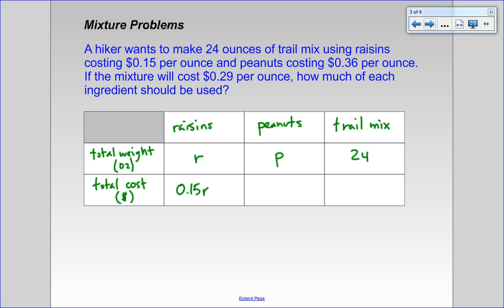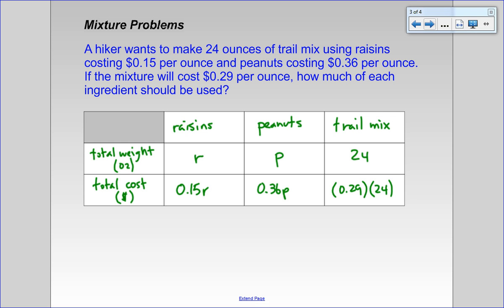Then 0.15 R represents the cost of those raisins. Similarly, 0.36 P represents the cost of the peanuts. We have to be a little bit careful with representing the cost of the trail mix. We're not given a total cost here. We're given a cost of 29 cents per ounce, so we need to multiply 29 cents times 24 ounces to get the total cost of the trail mix.